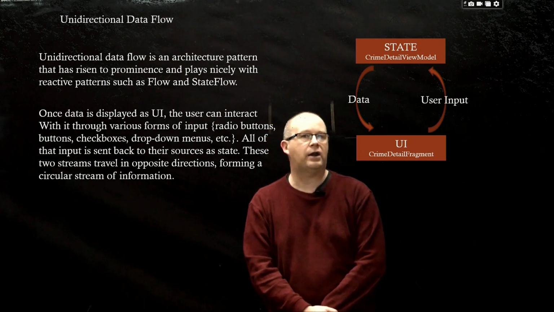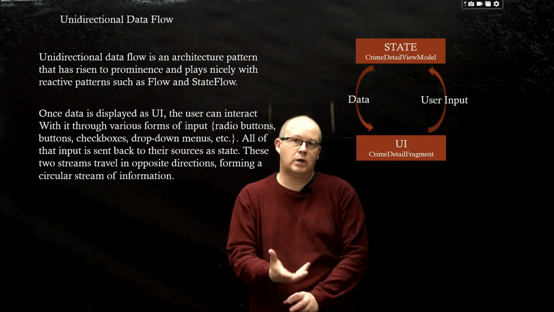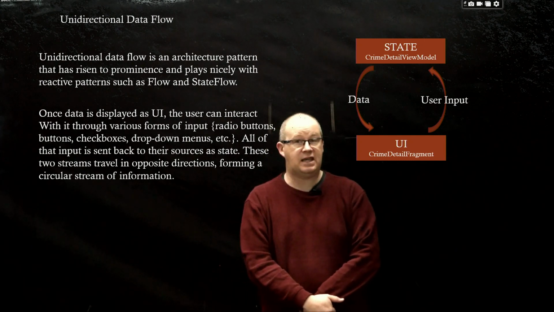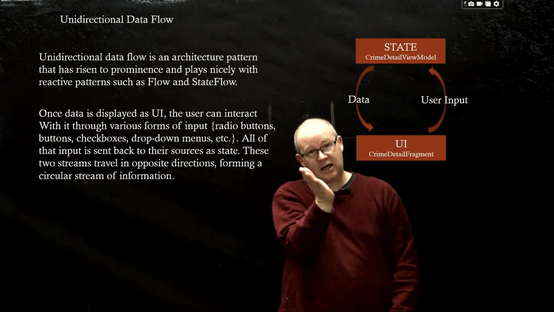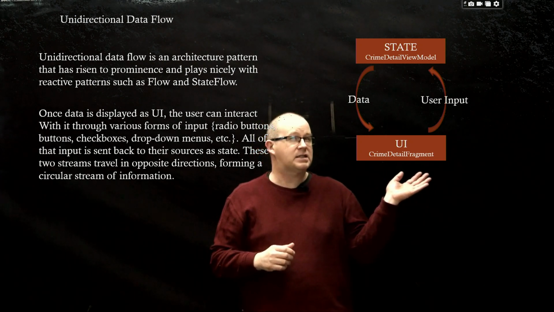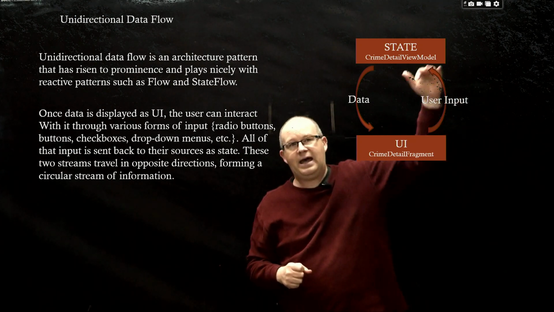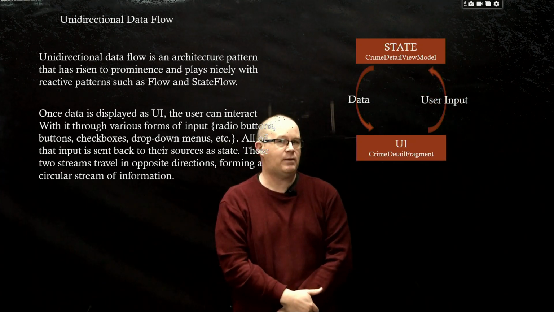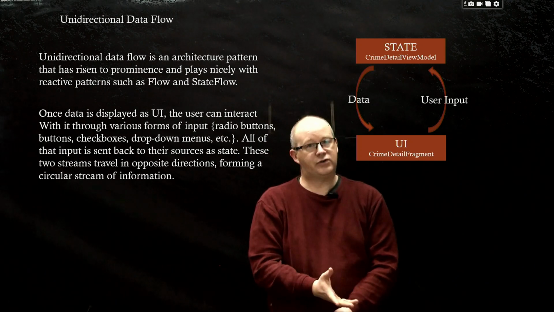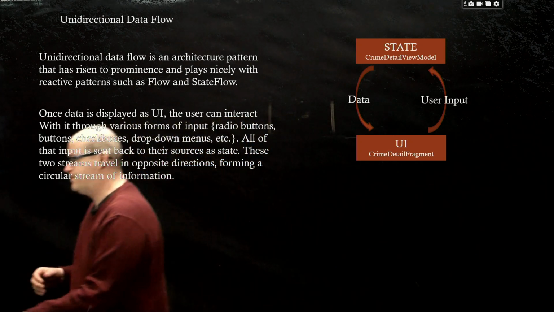There's a whole lot of ways that the user could be presenting data that perhaps we need to react to and have it interact with our database and save the data. So data is constantly coming from the database to the user interface, and from the user interface, the user is making some changes, and that's got to go back to the database. Now, when it goes back to the database, it goes back as a state. We then have to interpret that state to see what changes we need to make to the database.